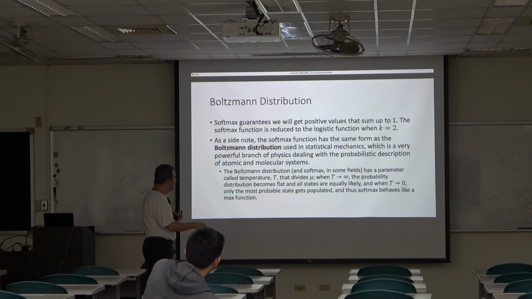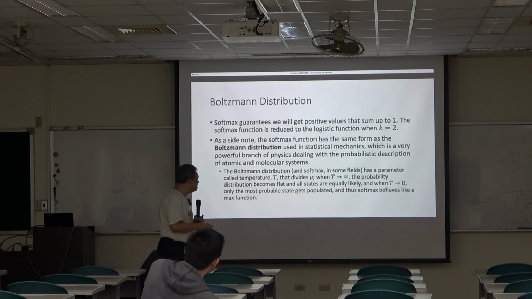The Boltzmann distribution, and softmax, has a parameter called temperature T that divides mu. When T equals infinity, the probability distribution becomes flat and all states are equally likely. When T is close to 0, only the most probable state gets populated and softmax behaves like a max function.